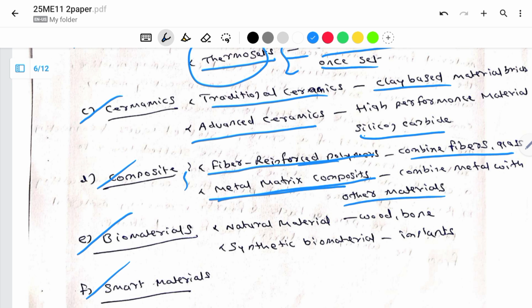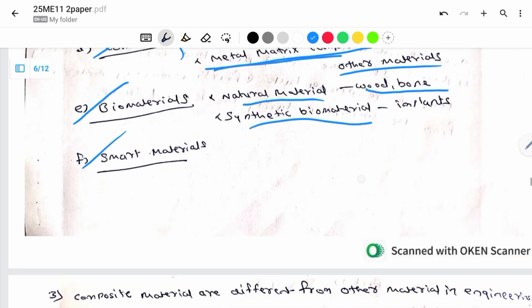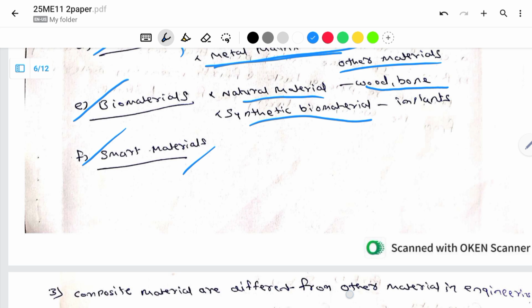When you mix two metals and manufacture the composite, it is called a metal matrix. When you use fiber reinforcing material, it is called fiber reinforced. Then biomaterials are natural materials and synthetic biomaterials, wood and all. Then smart materials is one classification.